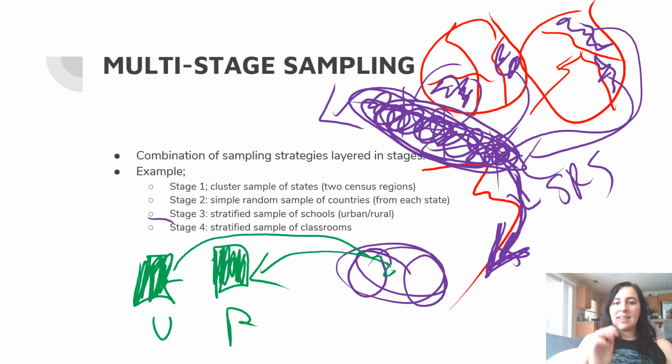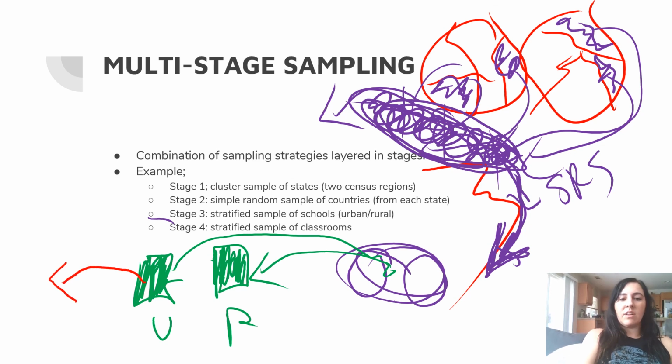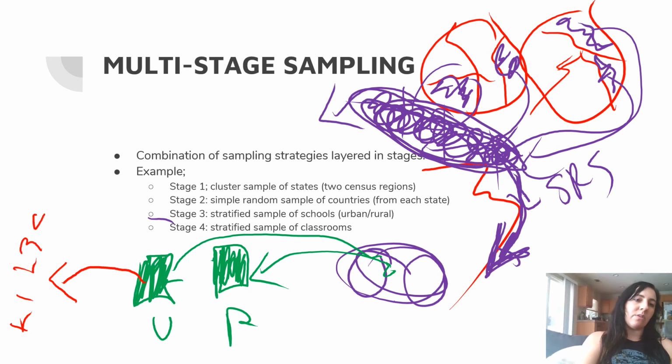Okay. Then maybe your stage 4 is to do a stratified sample of these classrooms. Now we go into the schools and we do a stratified sample of the classrooms. So I don't know, 11th grade or K through 12, all the different grades. So you have 1st grade, 2nd grade, 3rd grade, 4th grade, 5th grade, and so on.